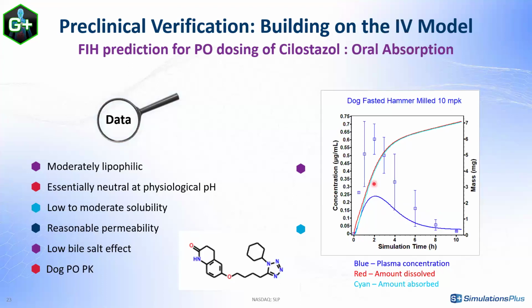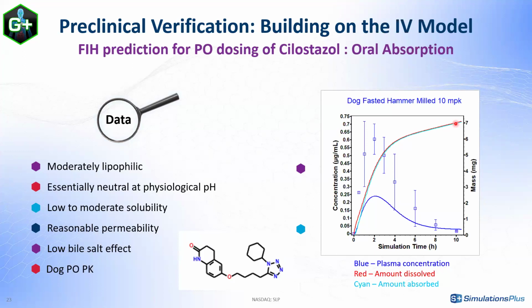Assessing the amount dissolved, as indicated by the red curve and red off the right-hand axis, and the cyan curve, which shows you the amount absorbed, we can see that the dissolution is the rate limiting process for absorption, as all of the dissolved drug is absorbed.